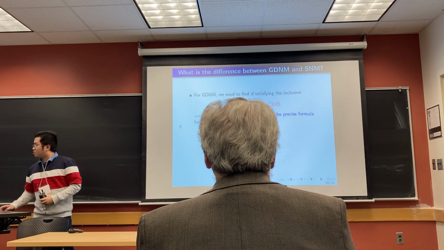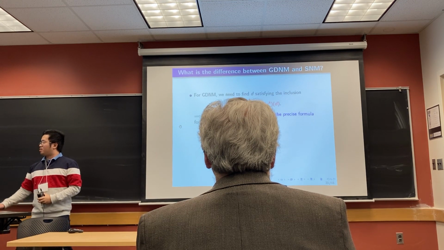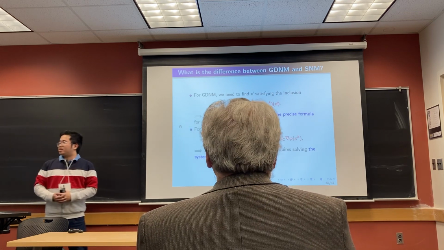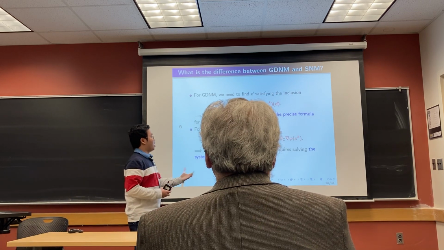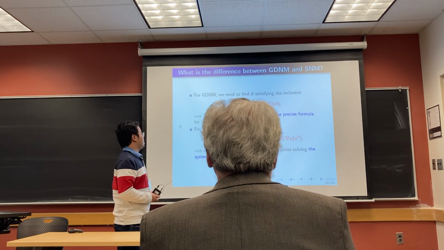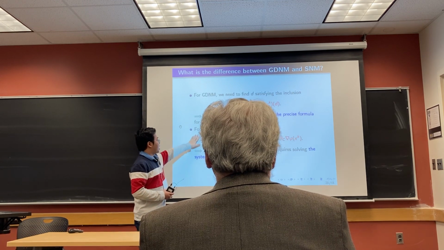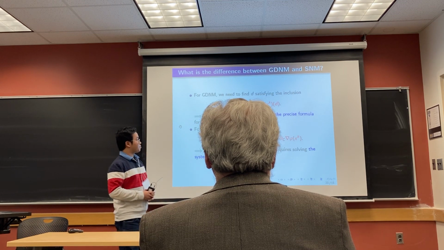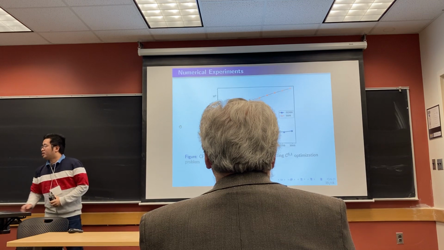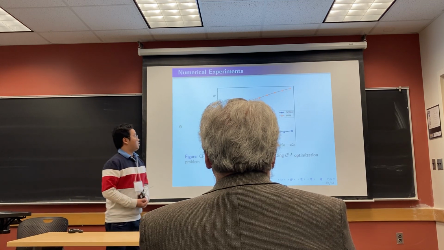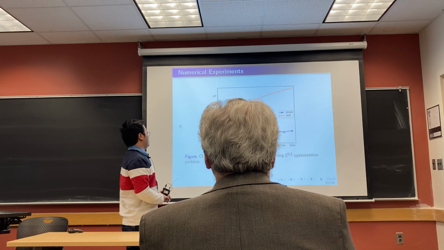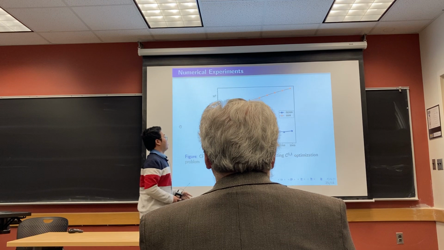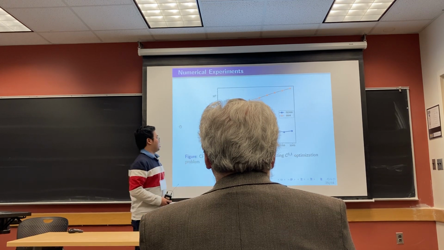And here is the result. For GDNM, that is the generalized damped Newton method by coderivative, in the testing problem we can find an explicit formula for d in this case. And for the semismooth Newton method, we need to solve a linear system of equations. Here we do the numerical experiment, and you can see the time for GDNM and for the semismooth Newton method.